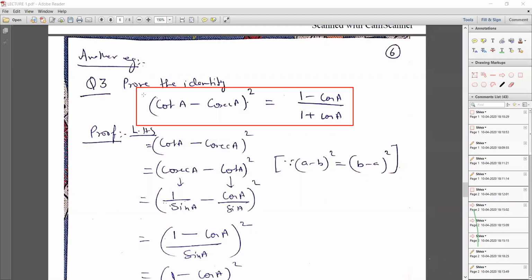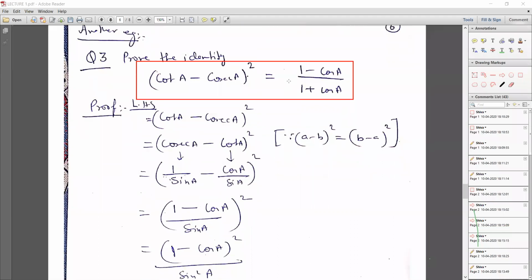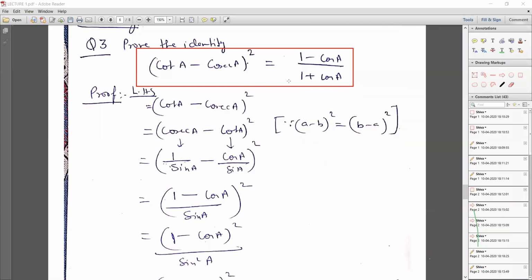I have taken only one side, but you can prove by both ways, either from the right hand side or LHS. I have given one example in the beginning only. Now coming to this case, prove the identity (cot A minus cosec A) whole square is equal to (1 minus cos A) upon (1 plus cos A).